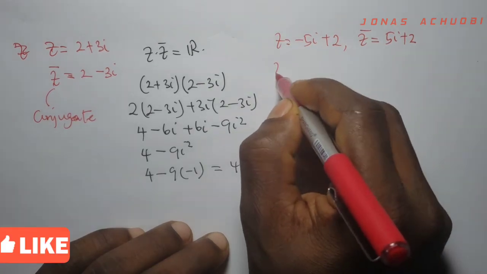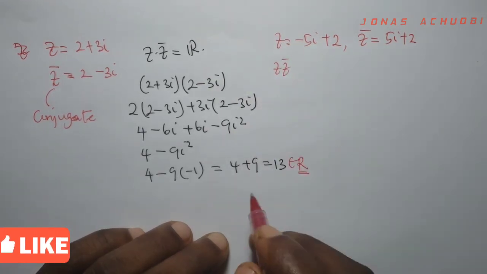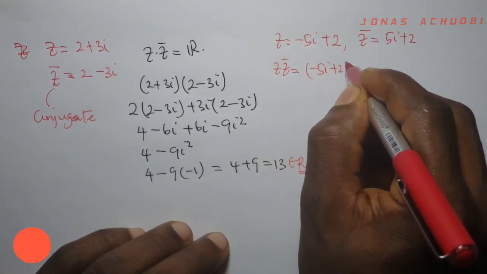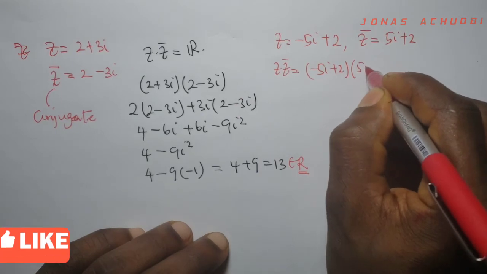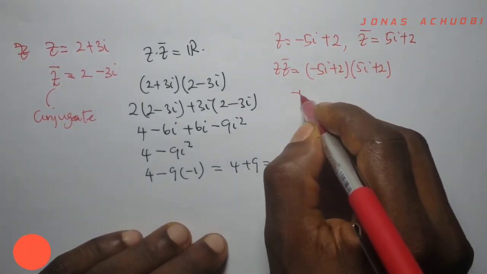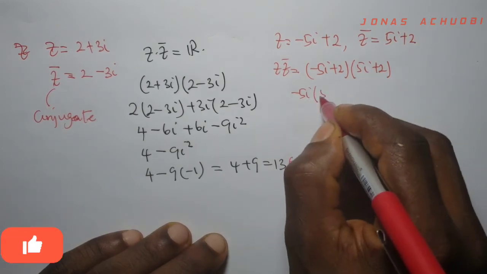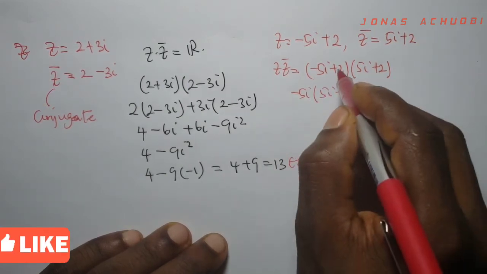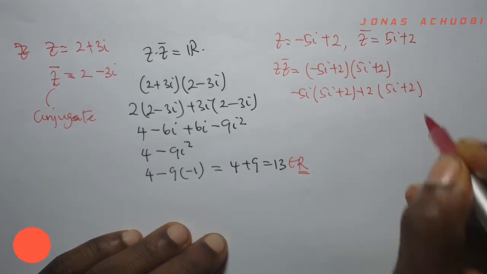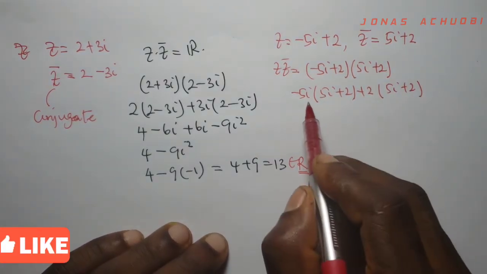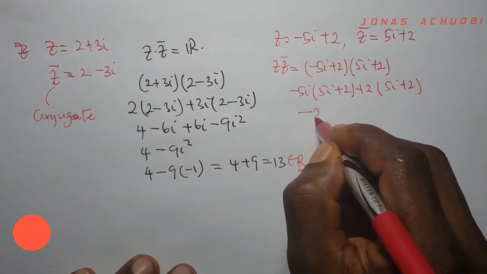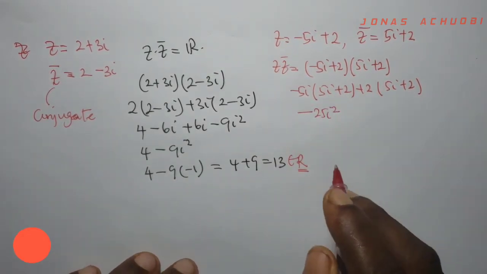Let us see. z times z bar, that is minus 5i plus 2 times 5i plus 2. We expand. This is minus 5i into 5i plus 2, then plus 2 into 5i plus 2. Minus 5i times 5i is minus 25i squared.